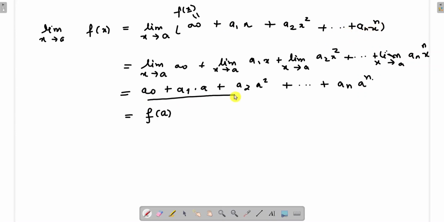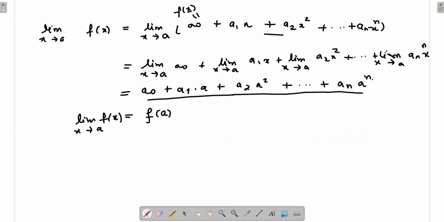This polynomial, which I just now read here, that is f of a. So the limit as x tends to a of f of x is f of a, right?